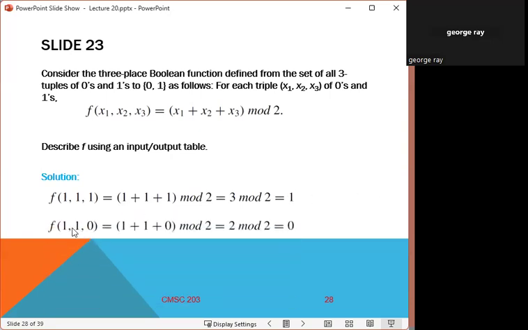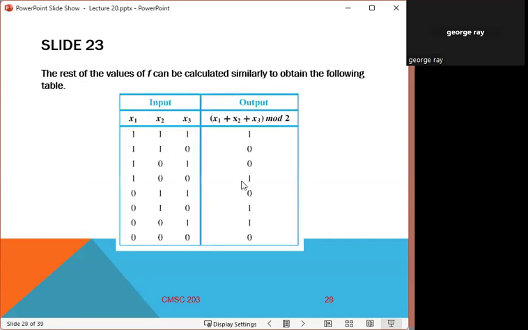And just as another example, 1, 1, 0 is another possible combination. And that gives us 1 plus 1 plus 0, or 2 modulo 2, or 0. So this is how we will fill in the truth table or input-output table. So like we did with the Boolean functions, we are going to alternate in order to get all the combinations.